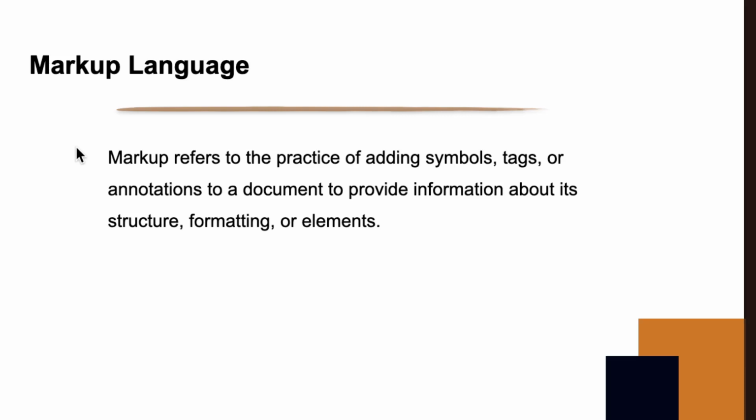When we say markup, it simply refers to the practice of adding symbols, tags, or annotations to a document to provide information about its structure, formatting, or elements. The markup elements are typically distinguishable from the regular text and they convey instructions to both humans and machines about how the document should be processed or displayed.